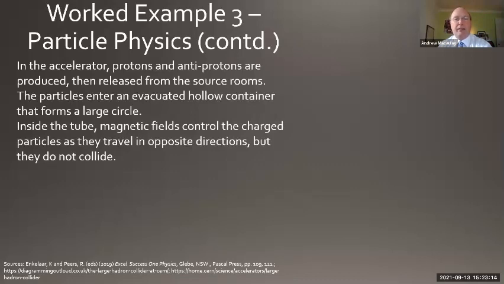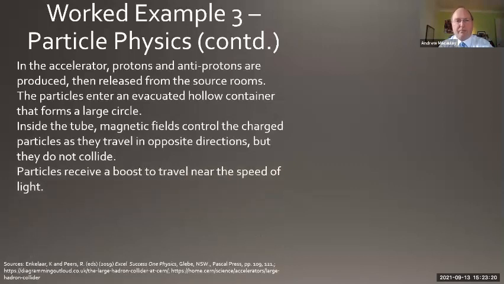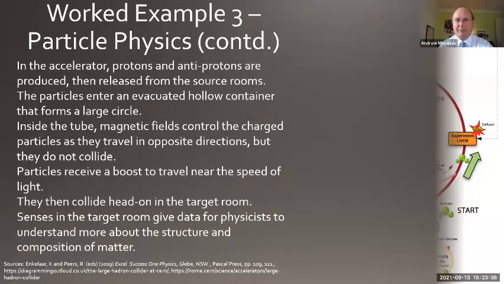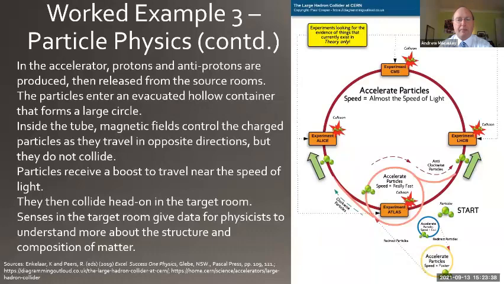Inside the tube, magnetic fields control the charged particles as they travel in opposite directions, but they do not collide. Particles receive a boost to travel near the speed of light, and then in a target room, they collide head-on. Sensors in the target room give data for physicists to understand more about the structure and composition of matter. So there's that diagram again.